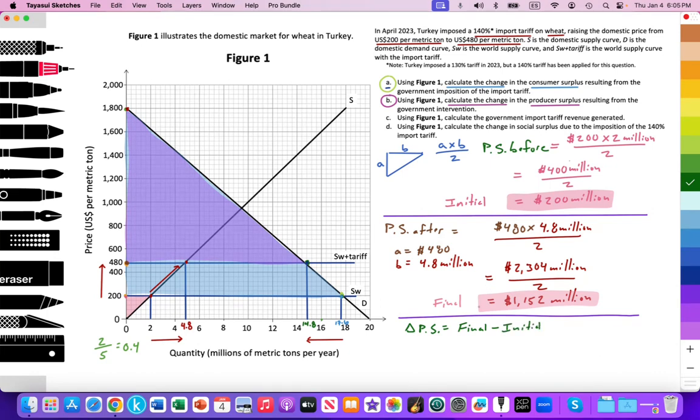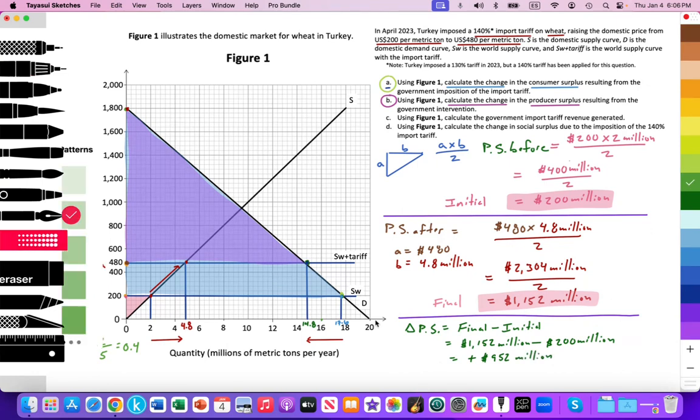So here we see the final value is 1,152 million minus the initial of 200 million. And that works out to an increase in producer surplus. So I'll put a plus. It's increasing 952 million.